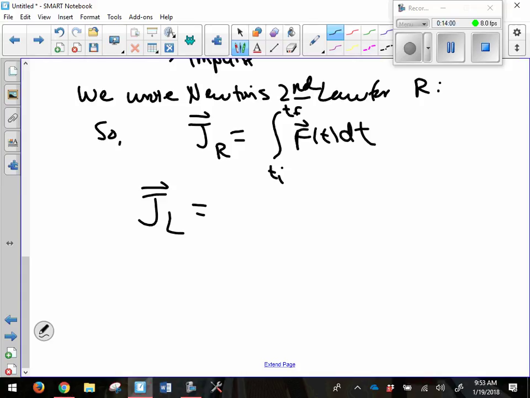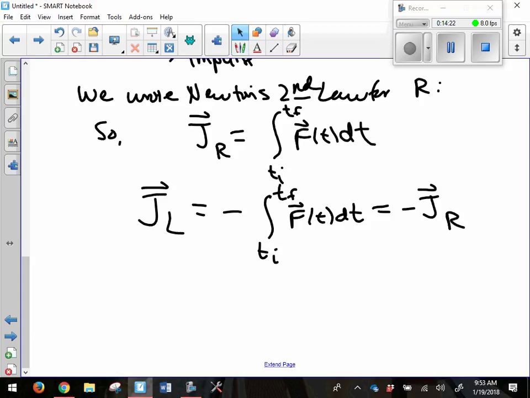So this is going to be negative the integral from TI to TF f of t dt, because remember from the properties of definite integrals that we talked about earlier this week, if I have a constant like a -1, I can just pull that out of my integral. Which also means that JL is going to be the negative of JR.